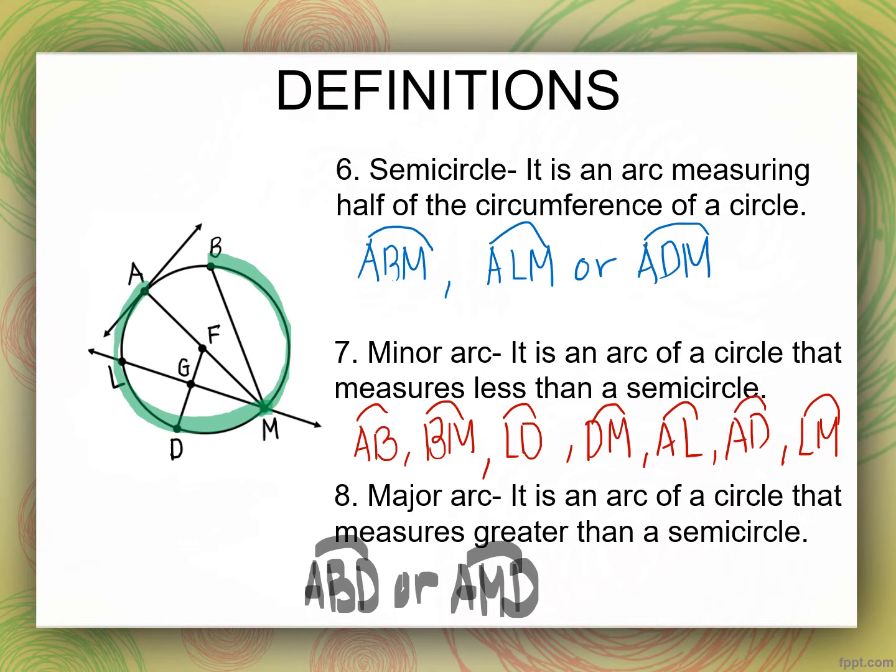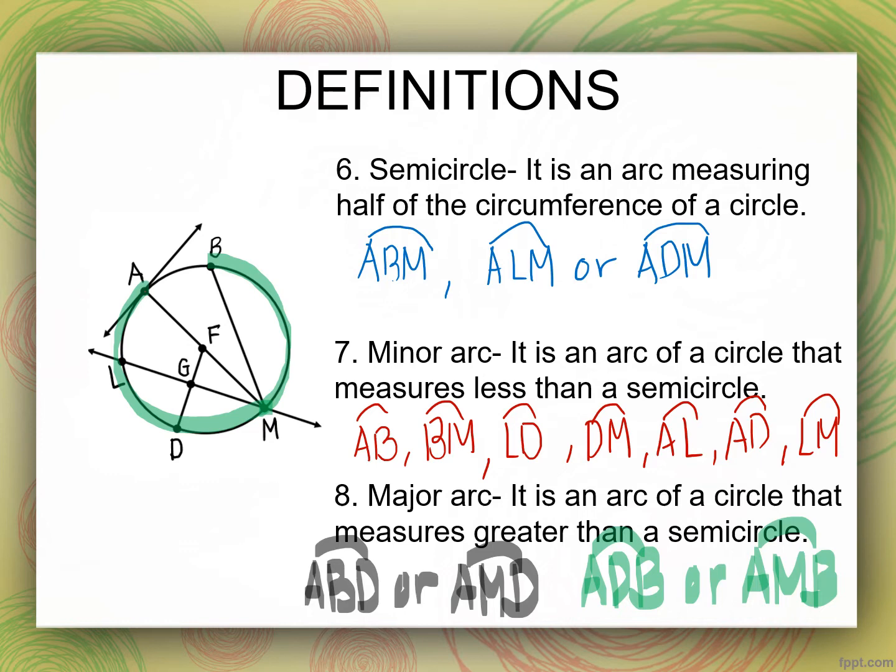If we name that, we can name it as ADB. There's a lot of ways to name it. Or you can name it as AMB, or ALB. There's a lot of ways to name it.